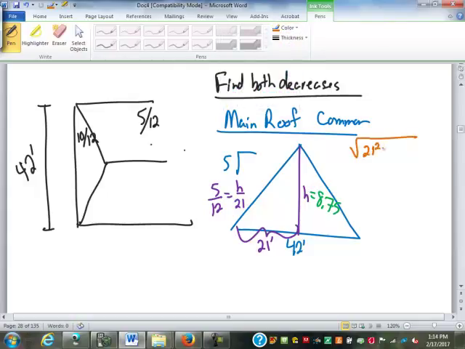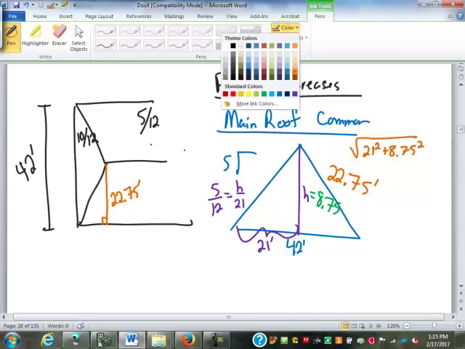So square root of 21 squared plus 8.75 squared gives us that J is 22.75. Cool. So this right here, 22.75 feet. That's not so bad.